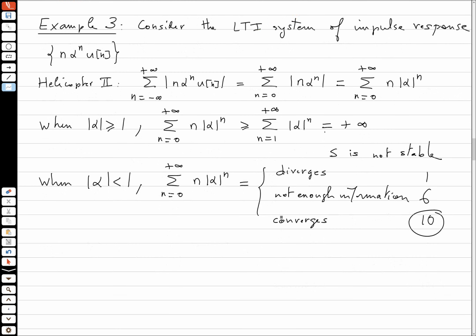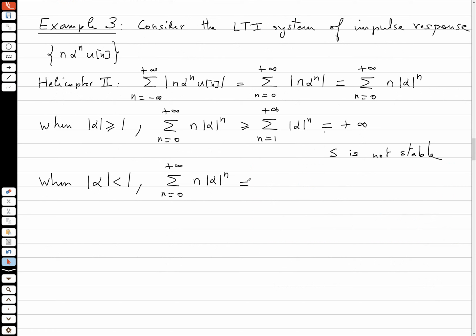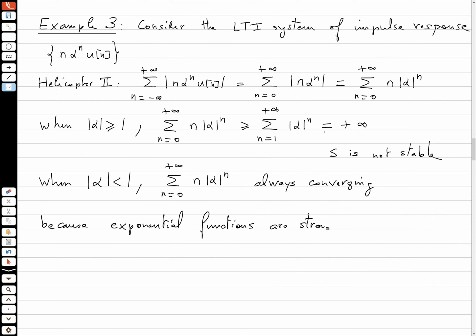So the answer is that this always converges, because exponential functions are stronger than polynomials.